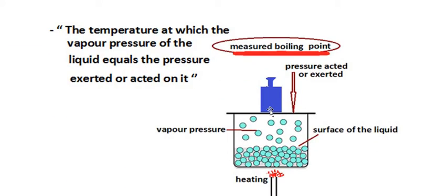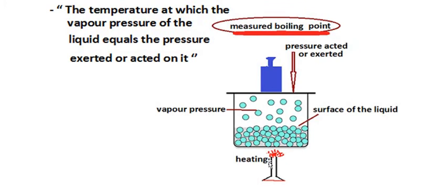If there is a weight or any other force on the outer surface here, on the water, and we heat, the quantity of vapor increases gradually until the vapor pressure of this liquid is equal to the external pressure, which is not necessarily the atmospheric pressure.